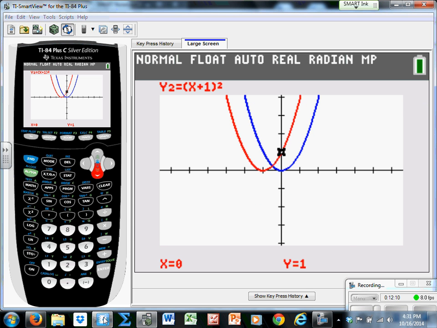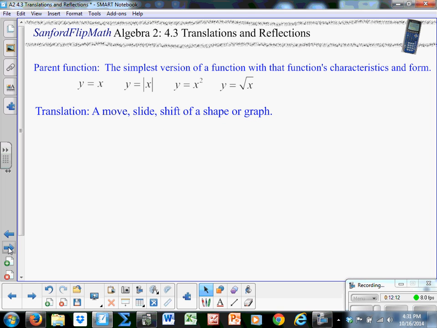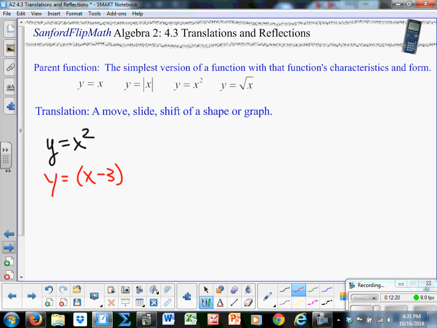Okay, so let's make some notes about this. Again, we had y equals x squared. When we did y equals x minus 3 squared, it went right 3. When we did y equals x plus 1 squared, it went left 1.